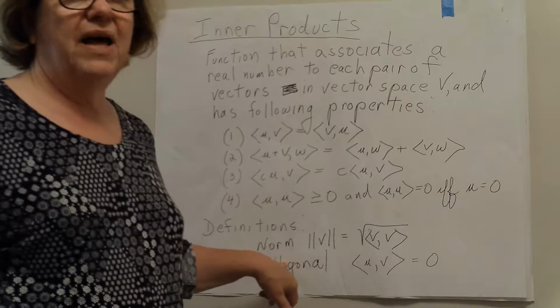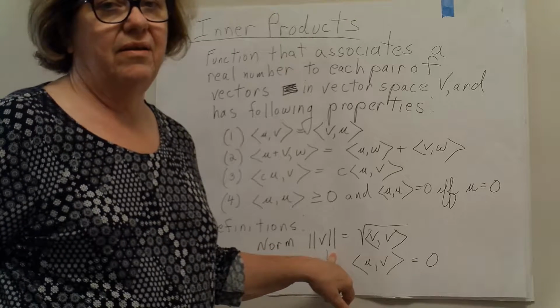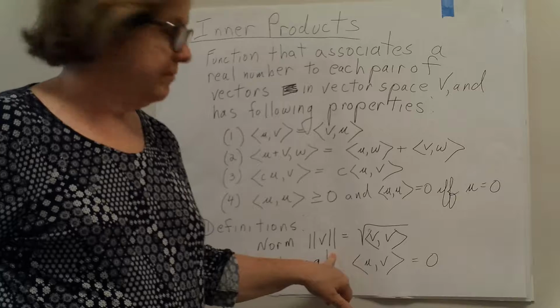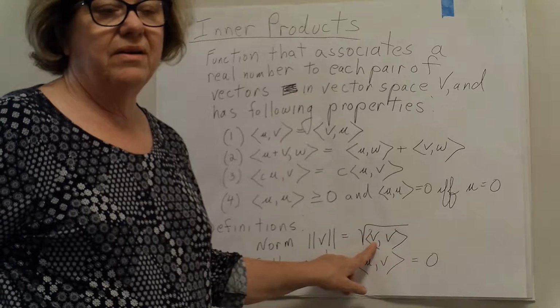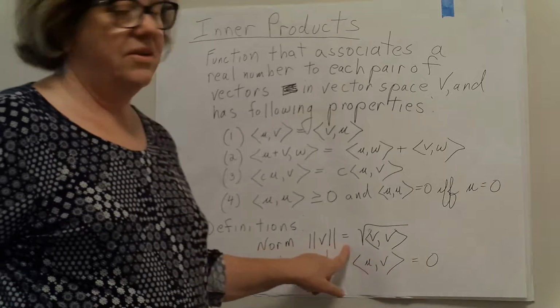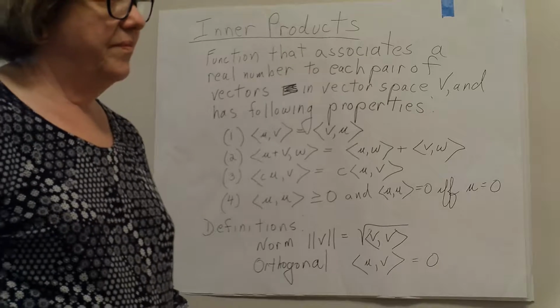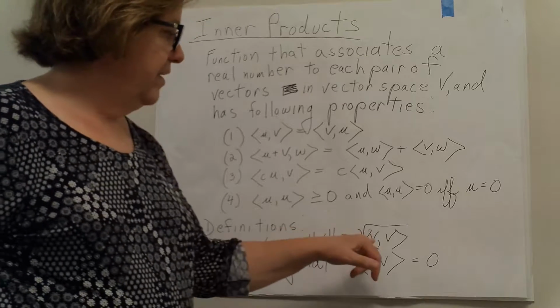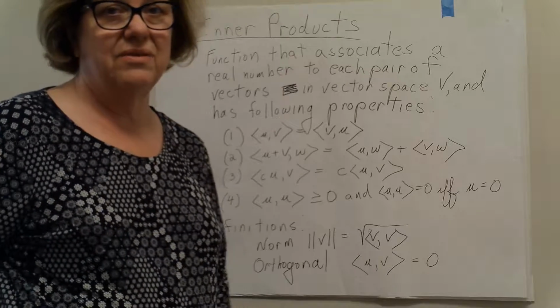Also, we can define certain things like the norm of a vector is the square root of the inner product of v with itself. This is a generalization of length. Now, is this length when v is a polynomial or v is a function or v is a matrix?